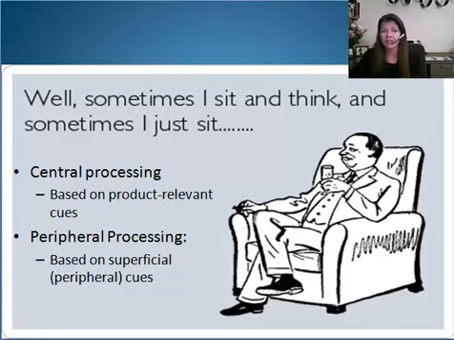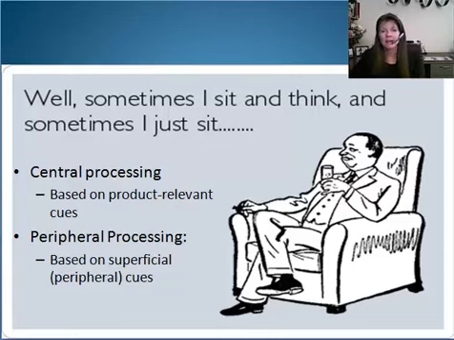Examples of central cues would be really product-relevant things such as attributes of the product, ratings of the product and the company, customer service record of the company, etc. Those are central product-relevant cues.